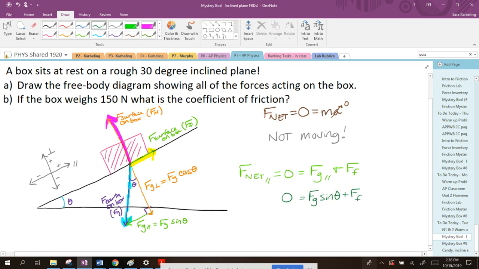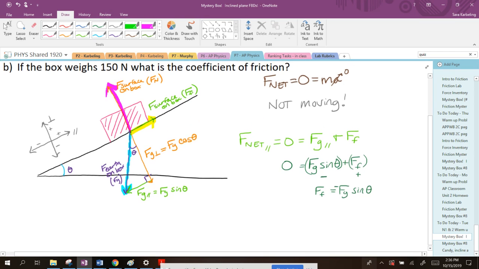Is that a true statement? Yes. So you can say that FG sine theta is going to be negative, and this one's going to be positive. So FF is equal to FG sine theta. The magnitude of it? Yeah, magnitude, yeah.